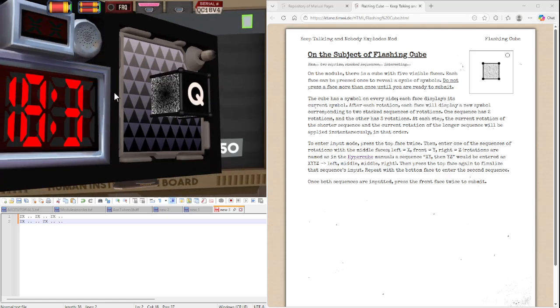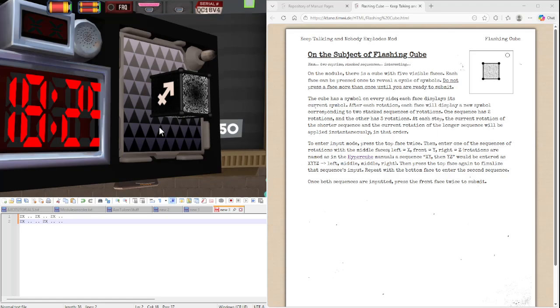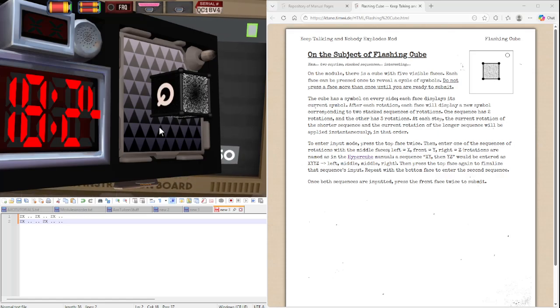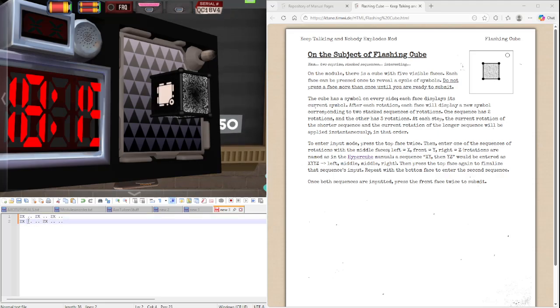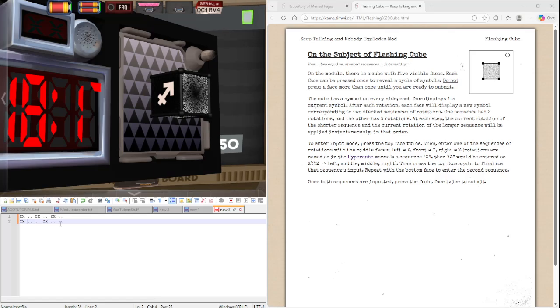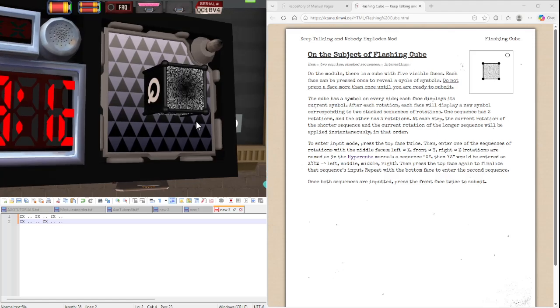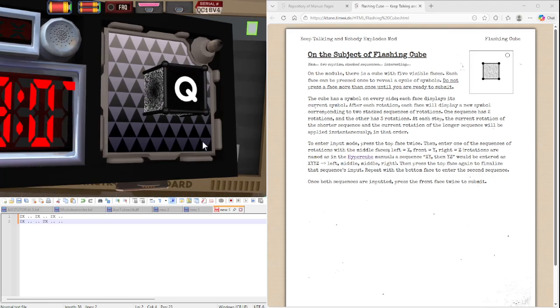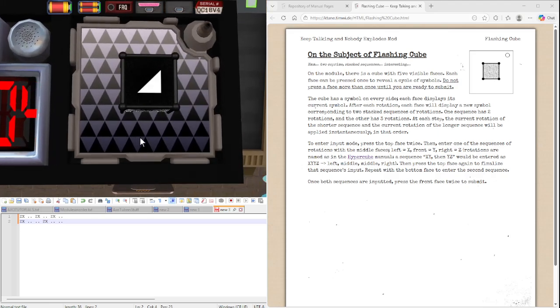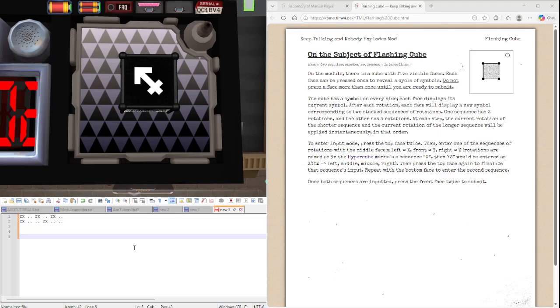The pause doesn't happen on a convenient one this time, meaning this one has the same for both. So we're going to go for... we're guessing to begin with.